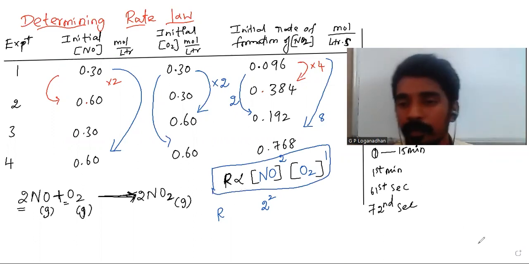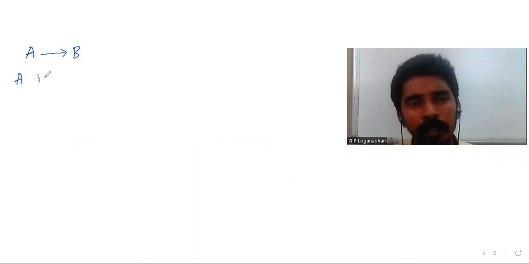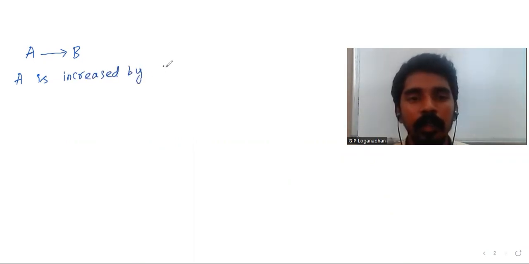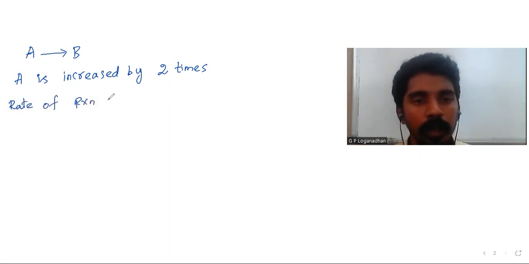Now the same way, if you take the reaction A changes to B, for example. If the concentration of A is increased by 2 times, the rate of the reaction increases by 8 times.